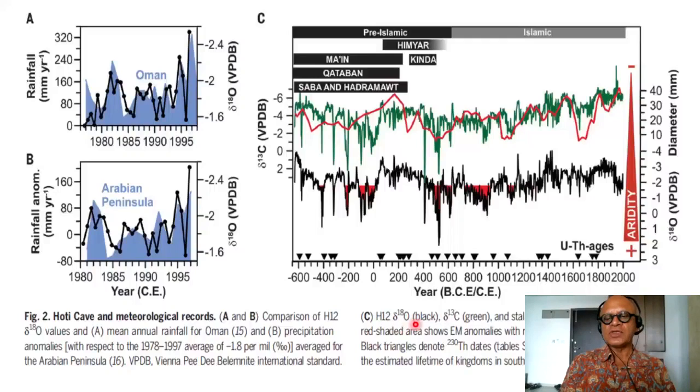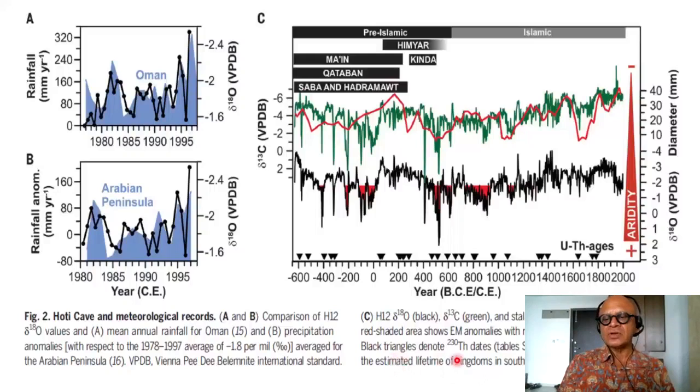So H12 delta O18 in black and delta C13 in green, and the stalagmite diameter in the red line. Sorry, that's the stalagmite diameter, which corresponds to the amount of water dripping, the rate of formation, which also corresponds to groundwater seeping through and the precipitation. So here aridity increases, and aridity decreases in that direction. The red shaded area shows anomalies with respect to the 1978 to 1997 mean, so that's minus 1.8 parts per mil.